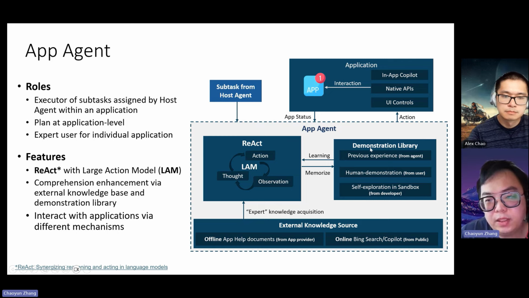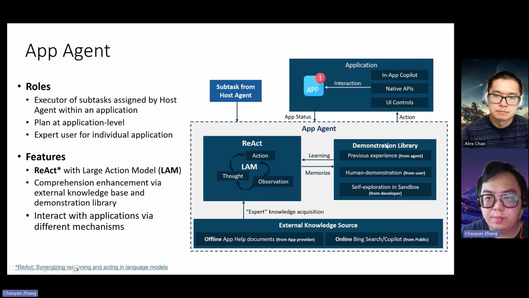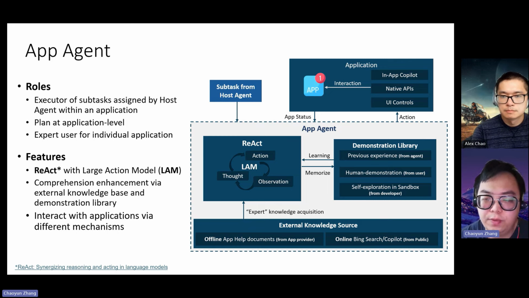Except for this, we will have a demonstration library. The demonstration means that either the users or the agent itself will generate some task completion trajectory. The agent will try to save this and retrieve it at runtime to know how to complete the task.